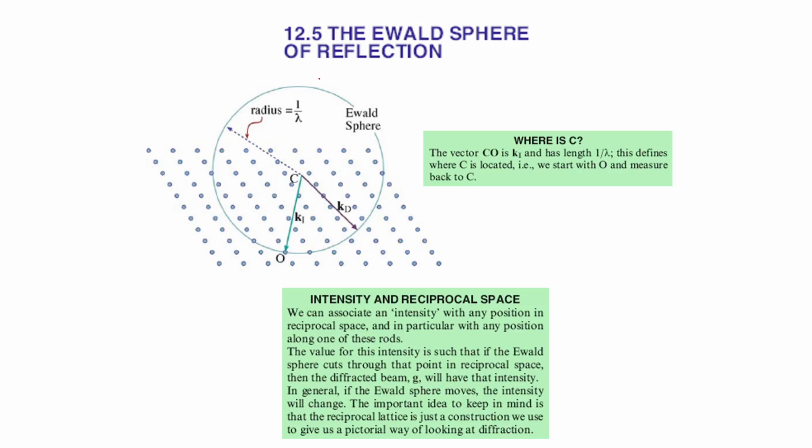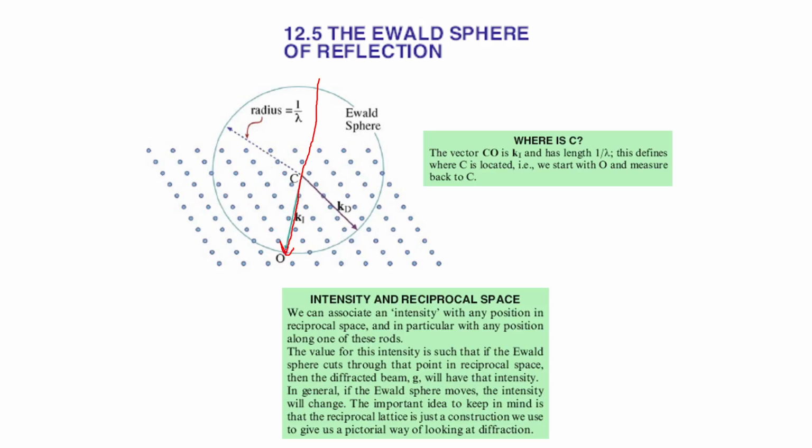If your incident beam is coming in this direction, then point O will be your origin, and the wavelength of your incident radiation will decide the radius of your Ewald sphere. So the radius of your Ewald sphere will be given by 1 by lambda, and you know the energy of the incident electron beam. If you know the energy of your incident electron beam, then you know the radius of your Ewald sphere. Then you can select a point at the center.